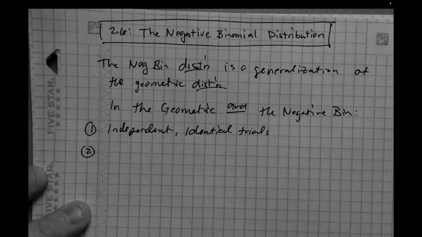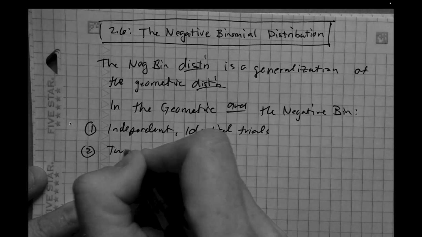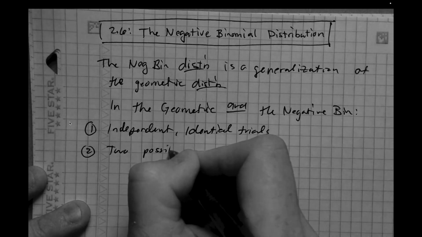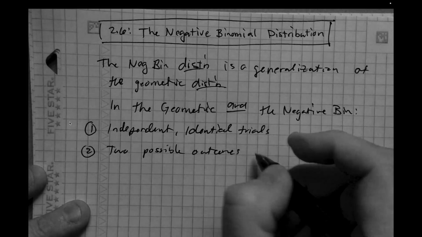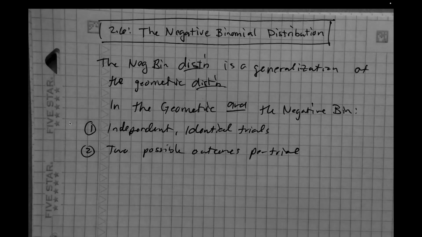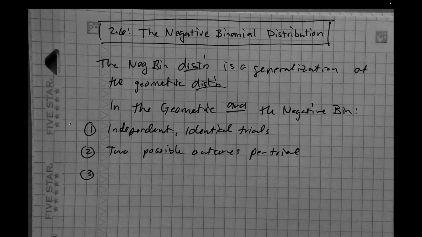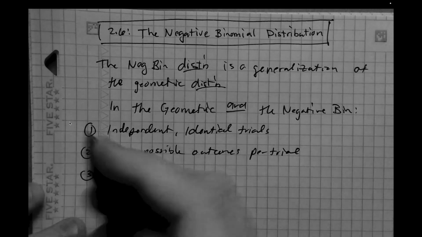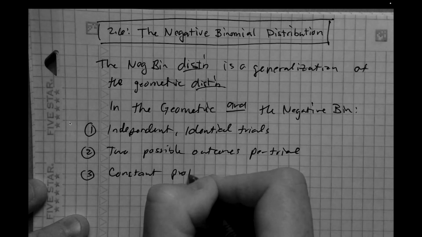And for those trials, there are two possible outcomes per trial. Just like the geometric, you can be either yes or no, or on or off. There are two options for each trial. The third thing they have in common is a constant probability of success.